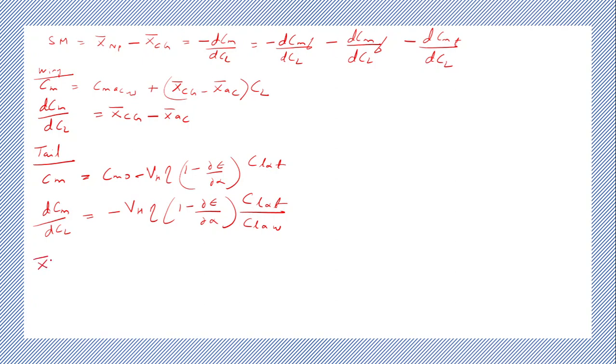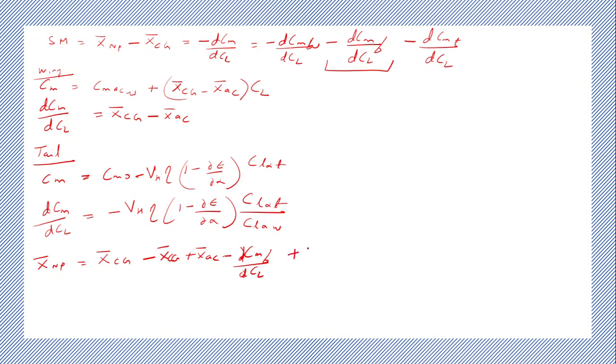What do you get? X bar NP equals, take CG on this side, you get x bar CG, and you have minus dCm upon dCl of the wing. Okay, so what will it be? It will be minus x bar CG plus x bar AC. Then you have minus dCm upon dCl of the fuselage, then minus dCm upon dCl of the tail.